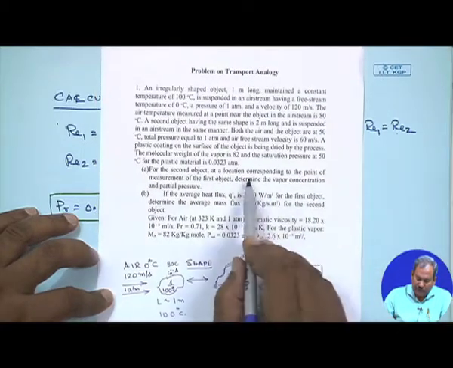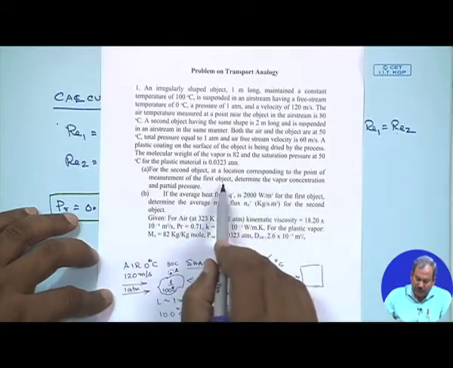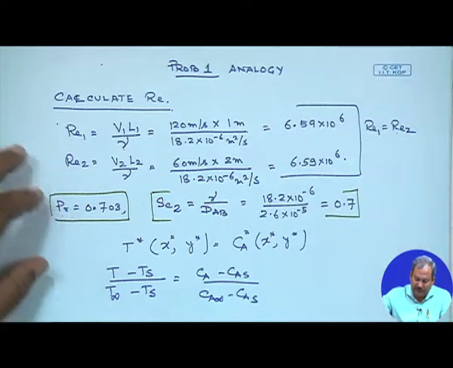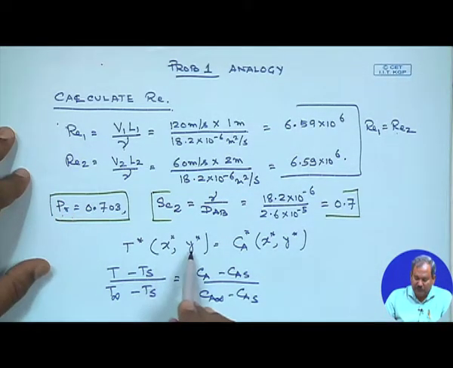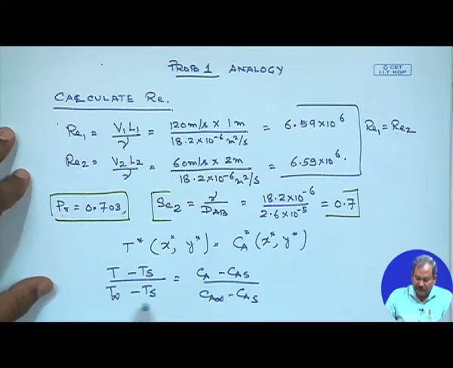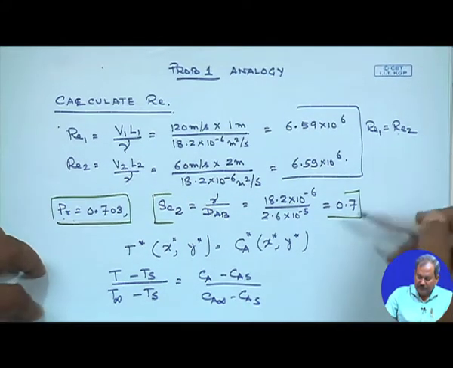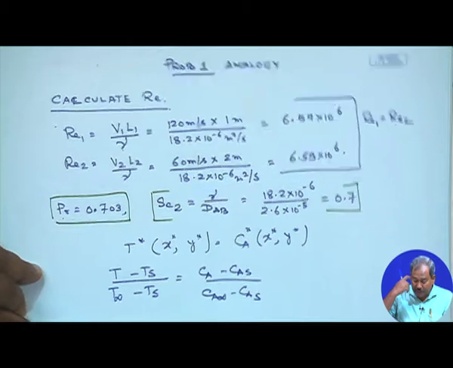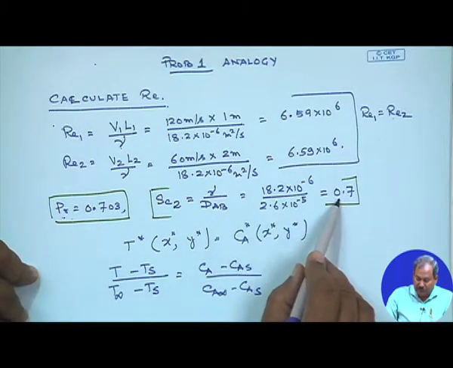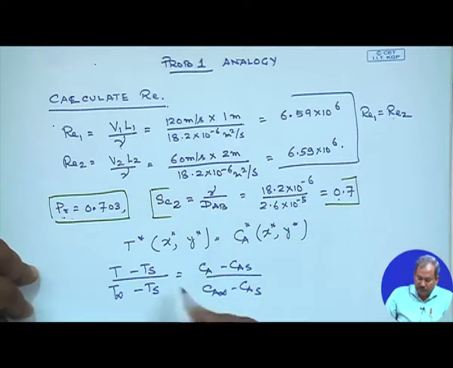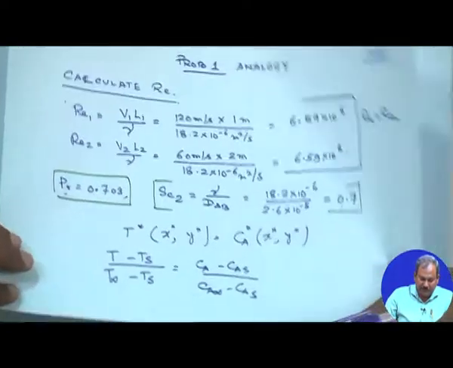So, when it says corresponding to the point of measurement of the first object, it essentially tells you that the dimensionless values of x and y, which are used to denote the point of measurement, are identical. So, I can simply write this, based on the analogy and thinking about the governing equations and their implications of the Prandtl number, Schmidt number and Reynolds number. Since I have written this, the rest is pretty simple.